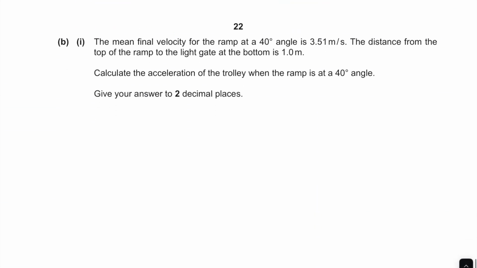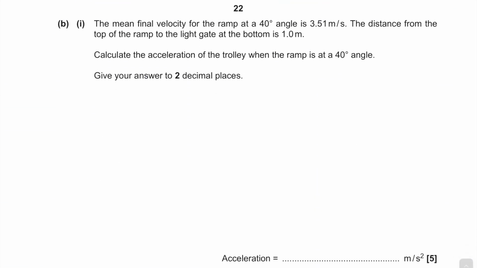Okay. Part B. The mean final velocity from the ramp at 40 degrees is 3.51 meters per second. The distance is 1. We have to calculate the acceleration of the trolley, giving our answer to 2 decimal places. So we know v squared is equal to u squared plus 2as.